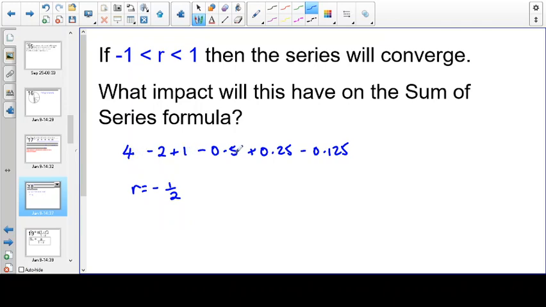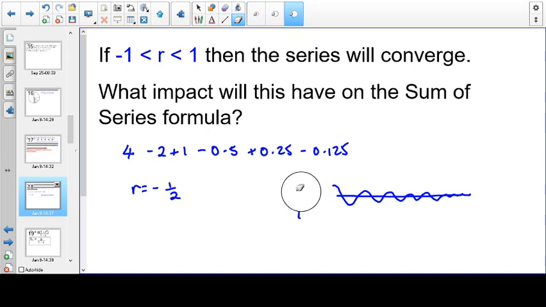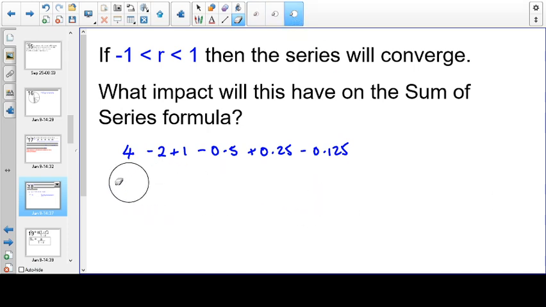Okay, you can see, yes, it's moving backwards and forwards between positive and negative, but actually it's getting closer and closer to 0. If you were to graph that, it would be jumping either side of positive and negative, but it would eventually get to 0. So this is an example also of a convergent series. So r has to be between -1 and 1.